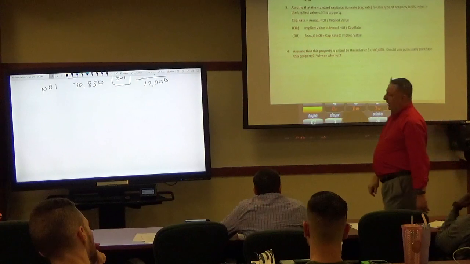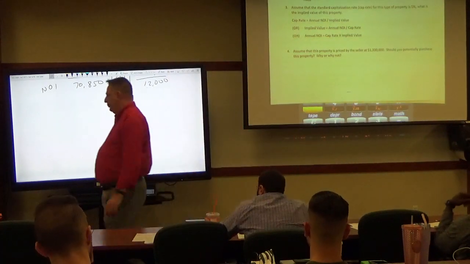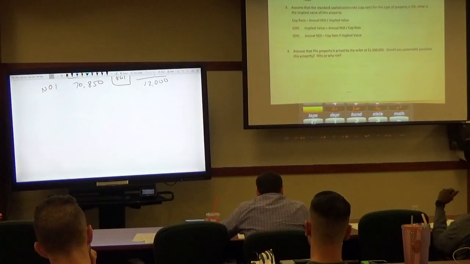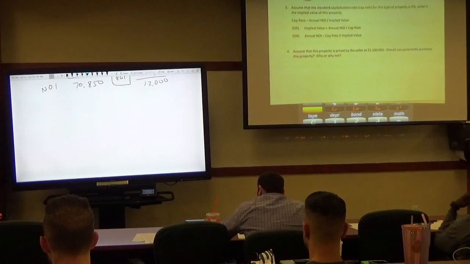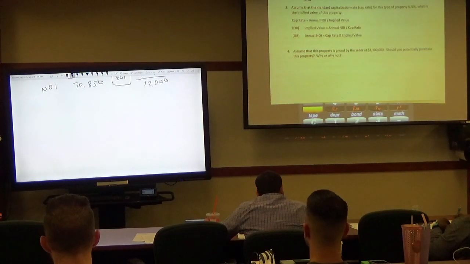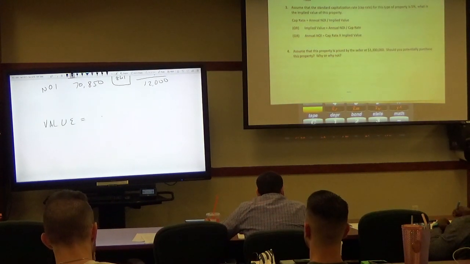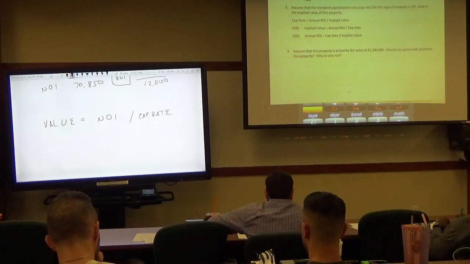Okay, so in this case, what are we given? Well, we are given the annual NOI, and we're given the cap rate. So in this case, we're going to be solving for the implied value. And so here, that's going to be NOI divided by our cap rate. All right.